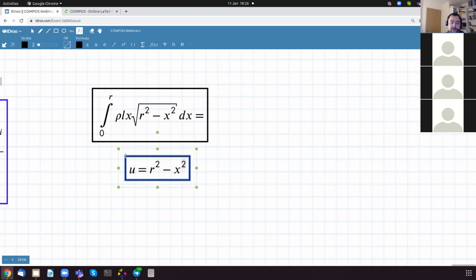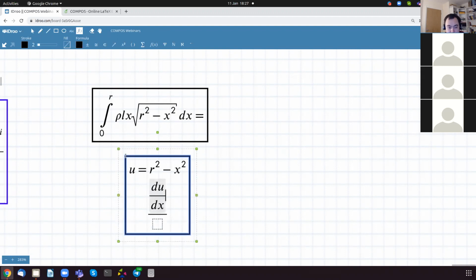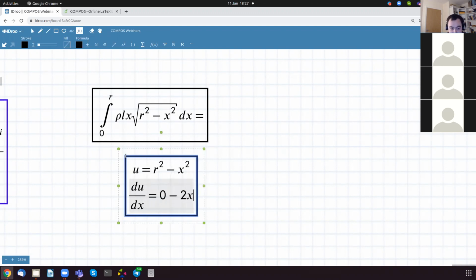Then I find the derivative, du over dx. The derivative of r squared is 0, because the radius is a constant, so it's 0 minus 2x.